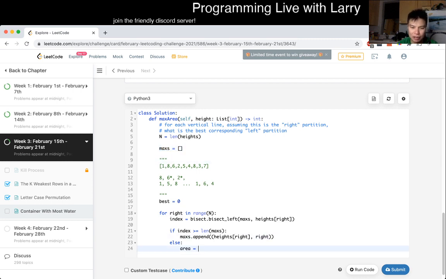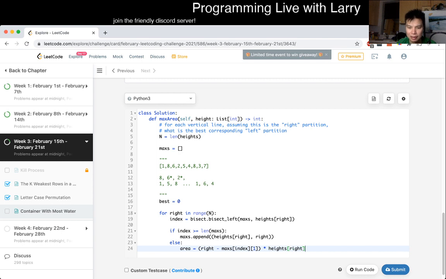So then the area would be the maxes of index of the second element. So this is the index, and then that's the index of the other one minus right. Or actually, I guess it's the other way. It's right minus this, and then it's this times the height, which is going to be heights of the right.